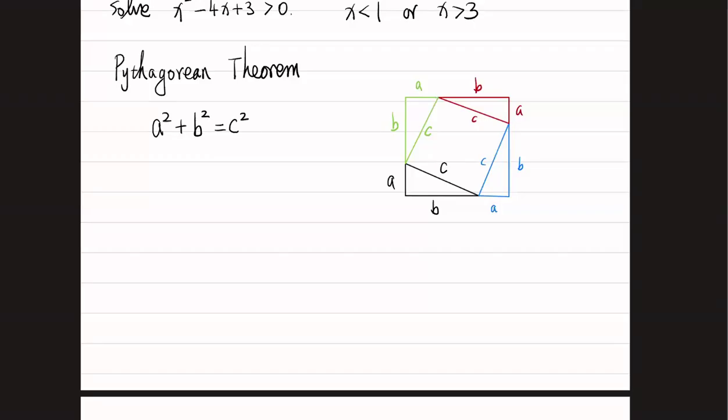We have a large square. Okay, Amy, what's the edge of the square? B plus A. Okay, that's very nice. So large square.